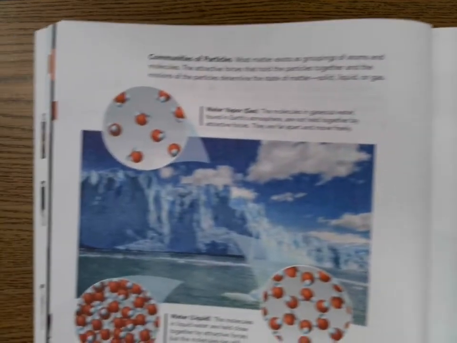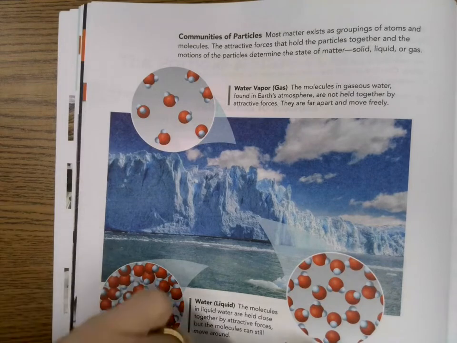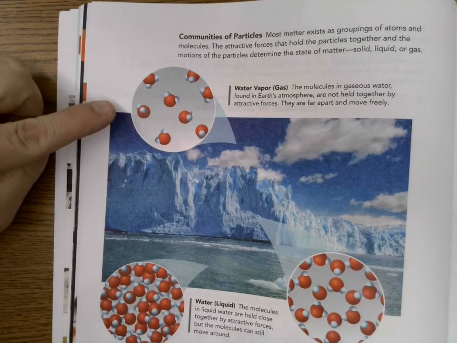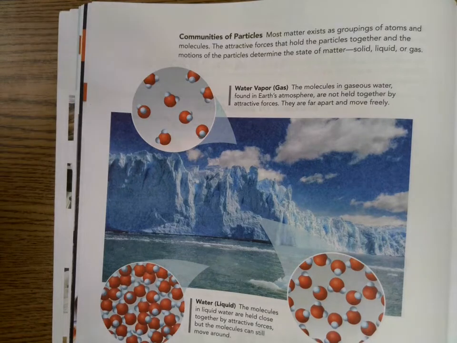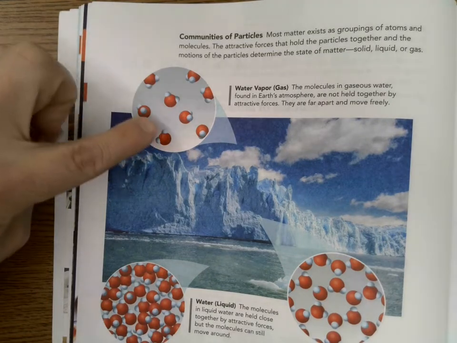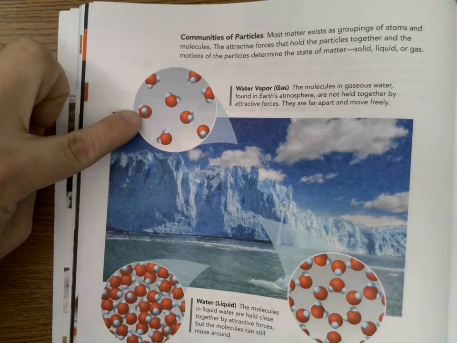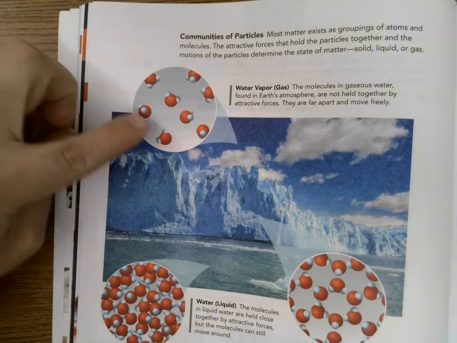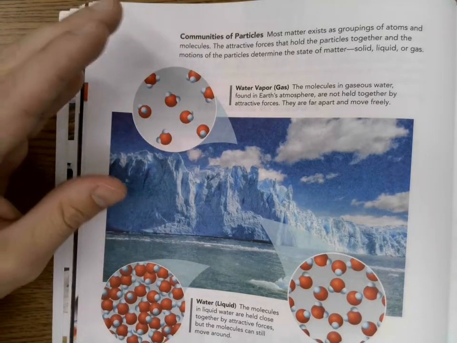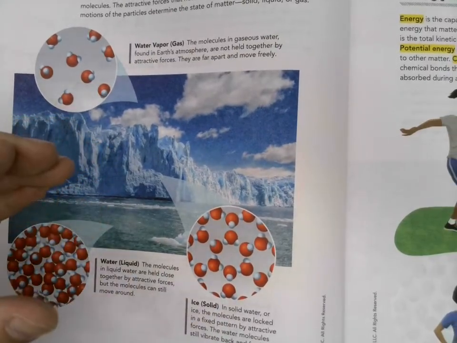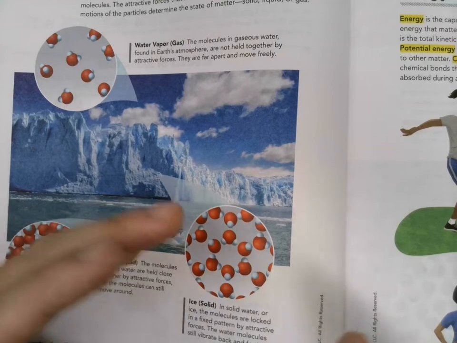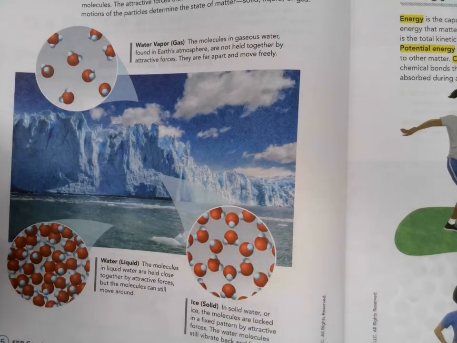So if we look collectively at the fast, medium, and slow-moving particles of water, which one has the highest thermal energy? Which one do we perceive as the warmest? It's probably this gaseous water, because it's moving really fast. And collectively, we perceive it as warm. And when they're moving really slow, we perceive it as cold. That's considered thermal energy because we're looking at it as a whole, not as individual atoms.